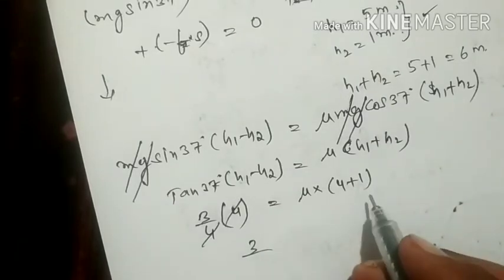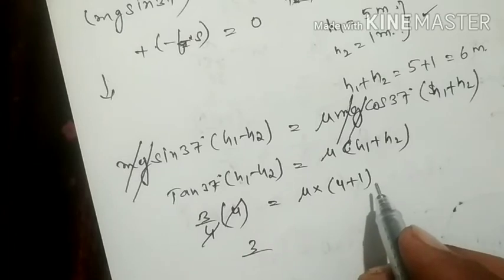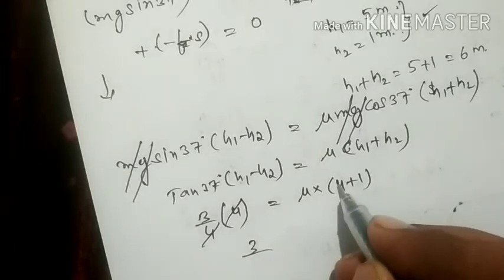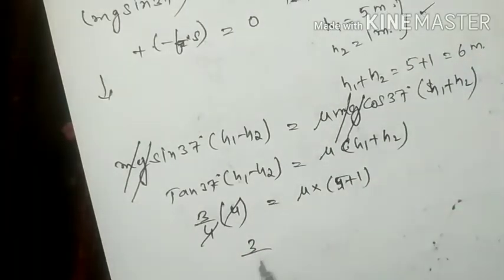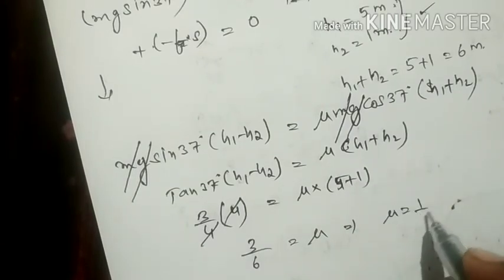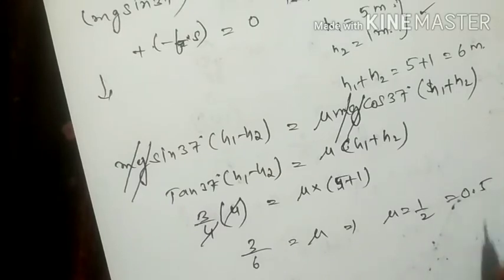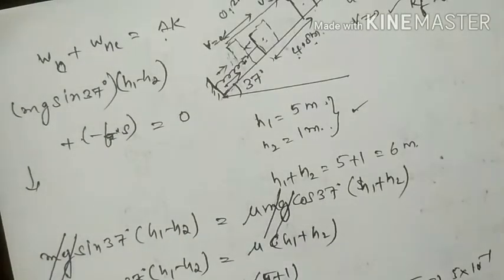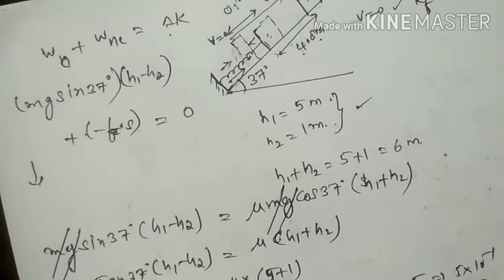So 4 cancels. 3 by 6, mu is equal to 1 by 2, or 0.5. So here the question is 5 into 10 to the power of minus 1. So the answer n is equal to 5. So like this we can understand the concept. If you understand it, you can easily solve the problem.